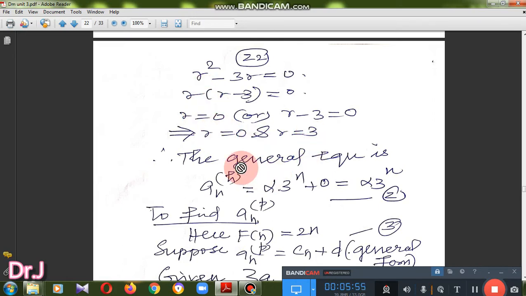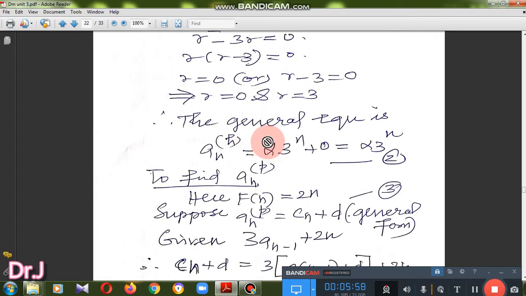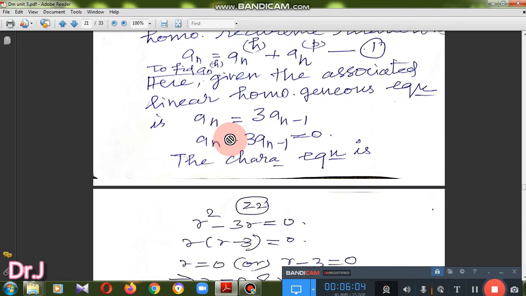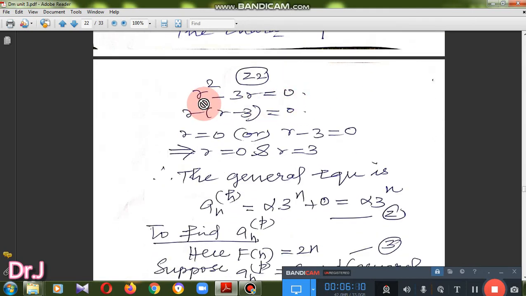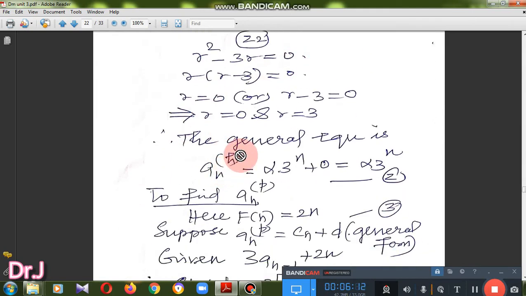The general solution will be of the form a_n^(h). We write h because it is connected to the associated linear homogeneous recurrence relation. It is one constant alpha times its root 3 to the power n, plus beta times the root 0 to the power n.